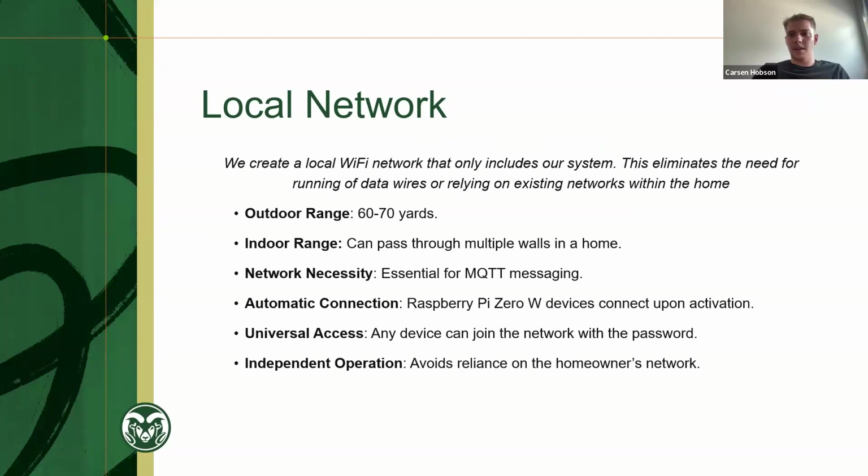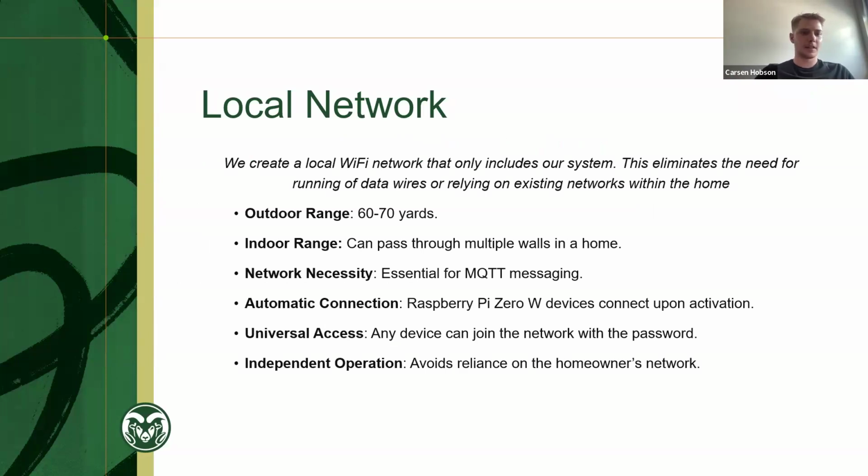Yes, so the main Raspberry Pi can broadcast its own local Wi-Fi network, which the smaller Raspberry Pis, which are connected to the sensors, automatically connect to upon activation or just being plugged in. The range for the network outdoors is like max 60 to 70 yards.